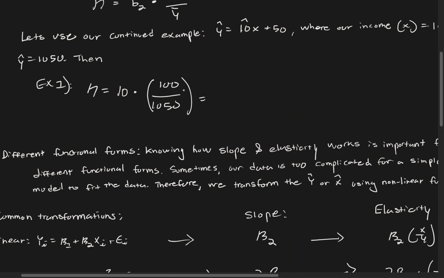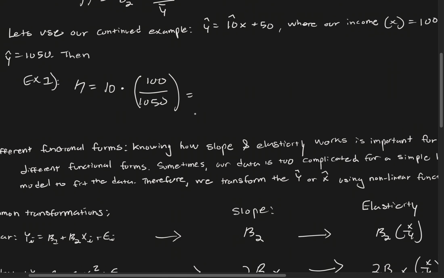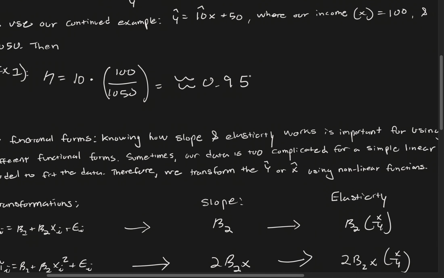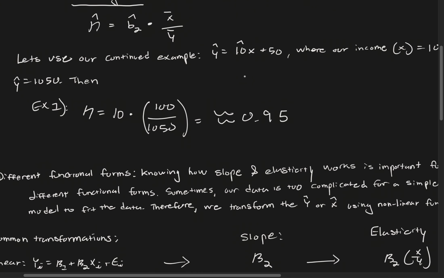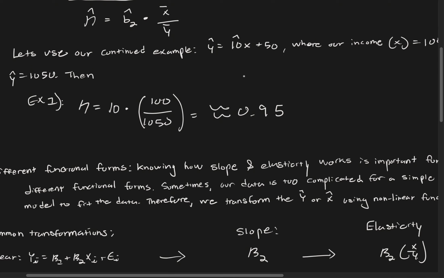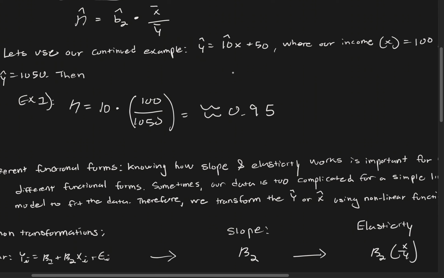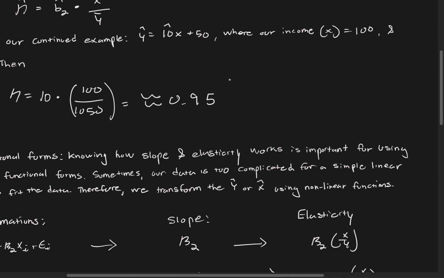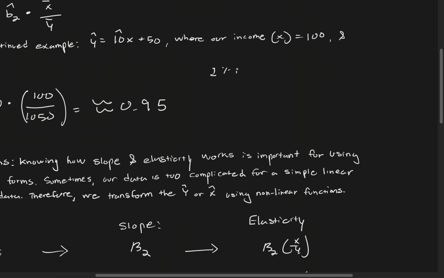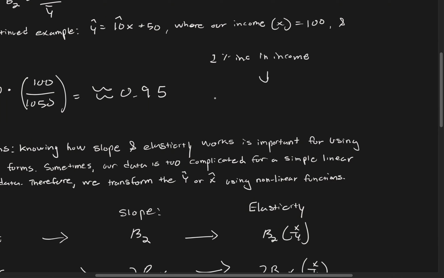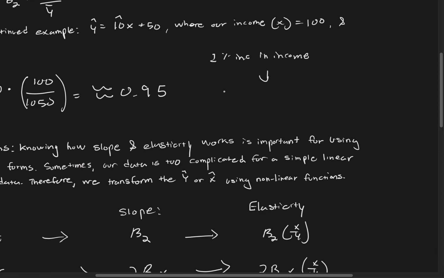And so if you multiply 10 by 100, that's a little less than 1,050, so it comes out approximately 0.95. And to interpret that, we say a 1% increase in income as our x variable causes a 0.95% increase in food expenditure.